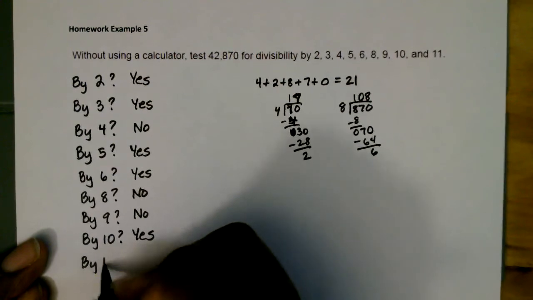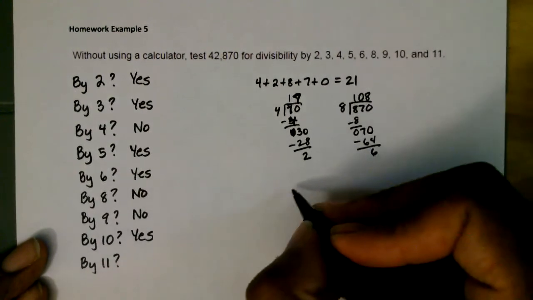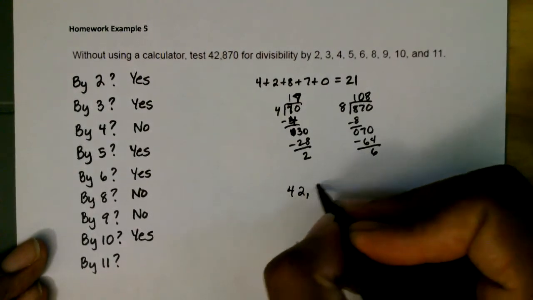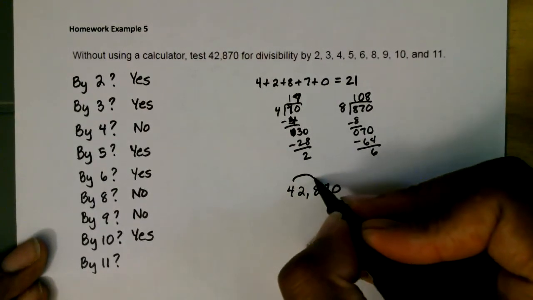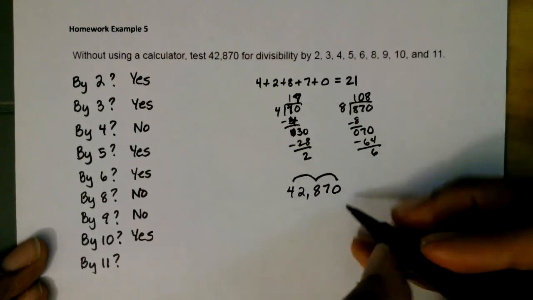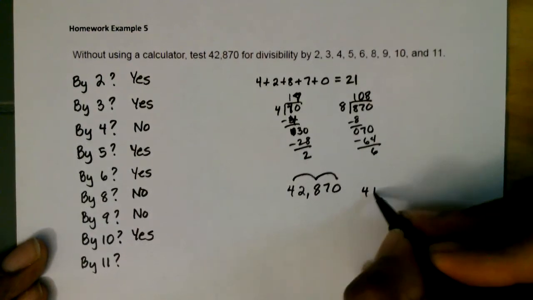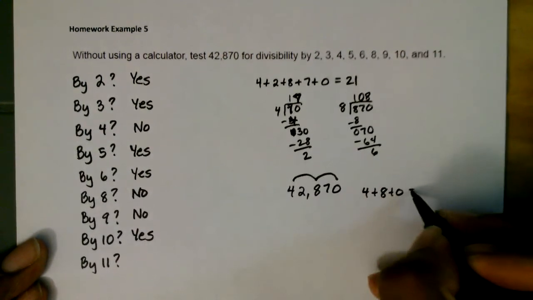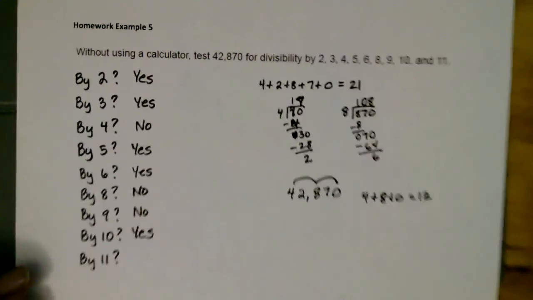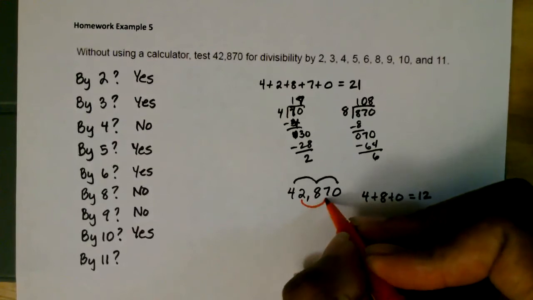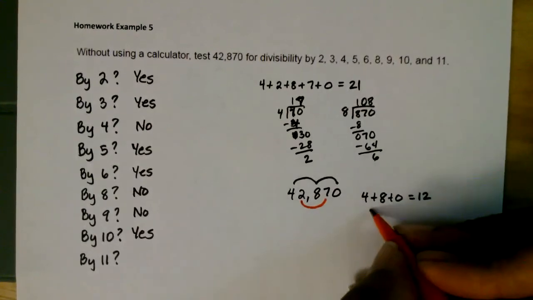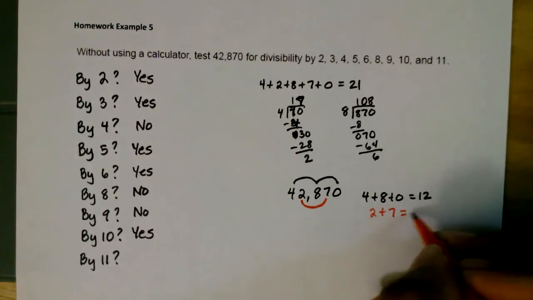And finally, by 11. Let's take that 42,870. I'm going to take every other digit and add those together. So that's 4 plus 8 plus 0. That adds up to 12. And then I'm going to add the other 2 digits, 2 plus 7. That would be 9.